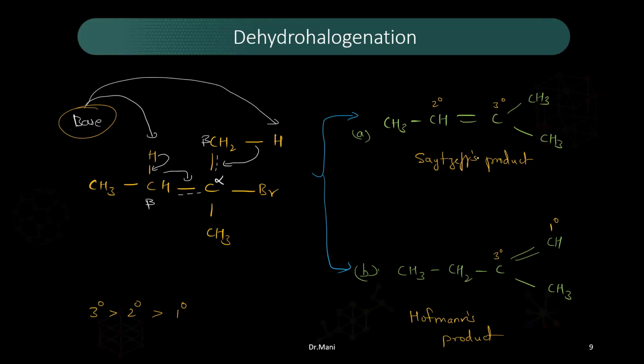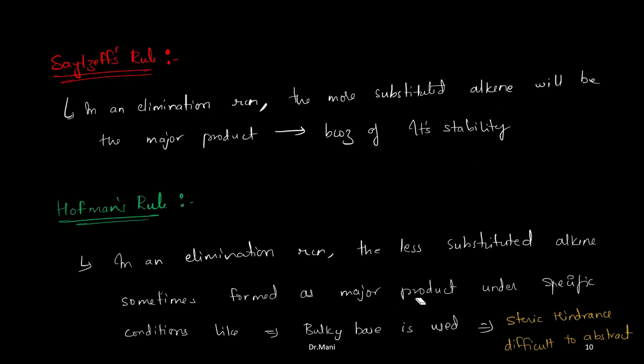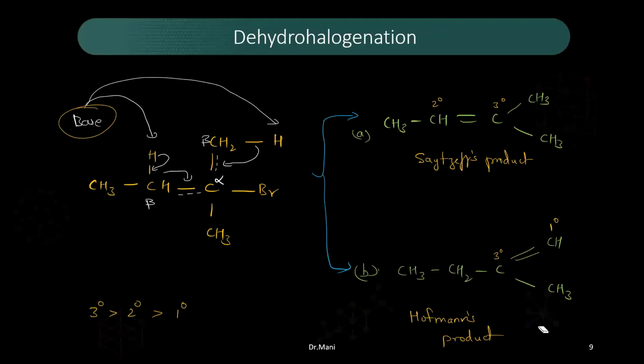But what the Hofmann rule says is, when you are taking a bulky base, the base which has multiple carbons on it, it will produce a hindrance effect. We studied the meaning of hindrance. So going and abstracting the hydrogen from the second carbon is very difficult for the bulky base. The bulky base can easily obtain the hydrogen from this carbon compared to this carbon, because going through this bulky group and abstracting this hydrogen is very difficult.